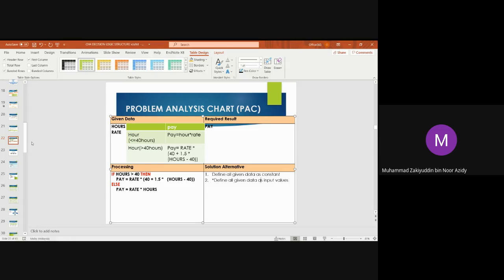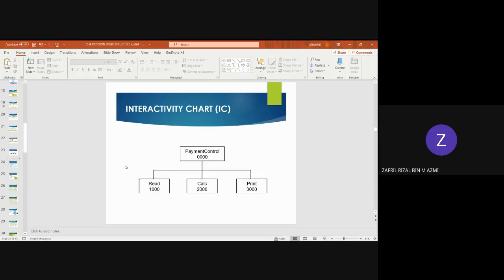No questions. Alright. So IC is the simplest one. It is similar for all types of structure, so you can just copy this and put it in your answer sheet. You will get some marks for sure. No issue about this.